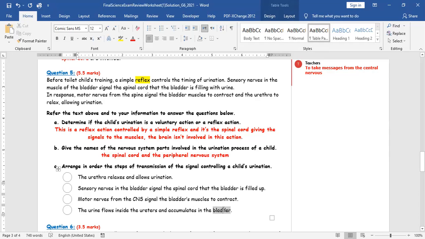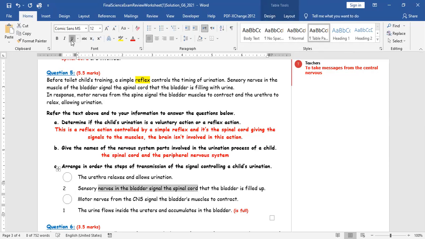So in here, the bladder is full, okay? So the neurons in the bladder, so this is one, I think. The neurons in the bladder will take a message to the spinal cord. So this is 2. So the nerves, they will signal the spinal cord.